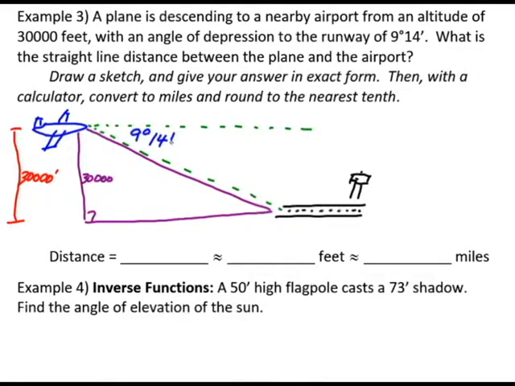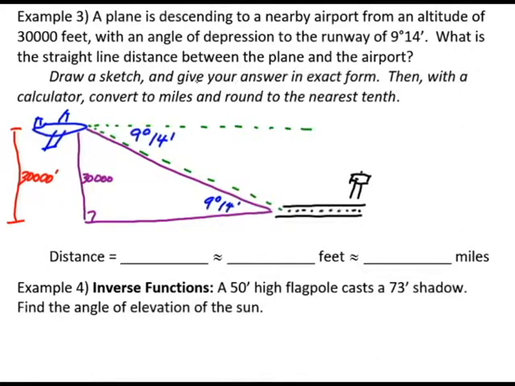The angle of depression is not part of the triangle. However, the horizontal ground and the horizontal line of sight are parallel, meaning that these are alternate interior angles. We can copy that angle measure down here.